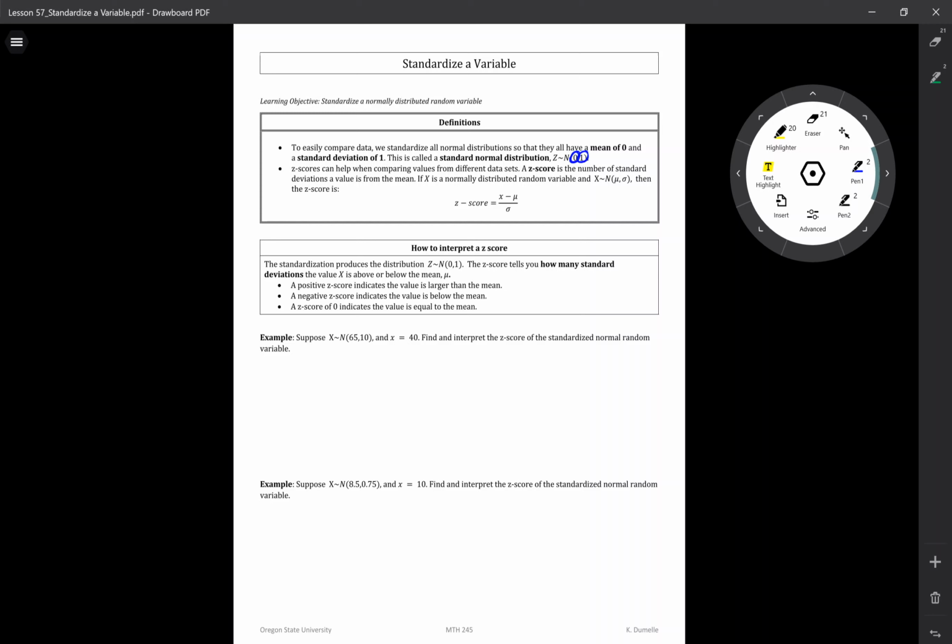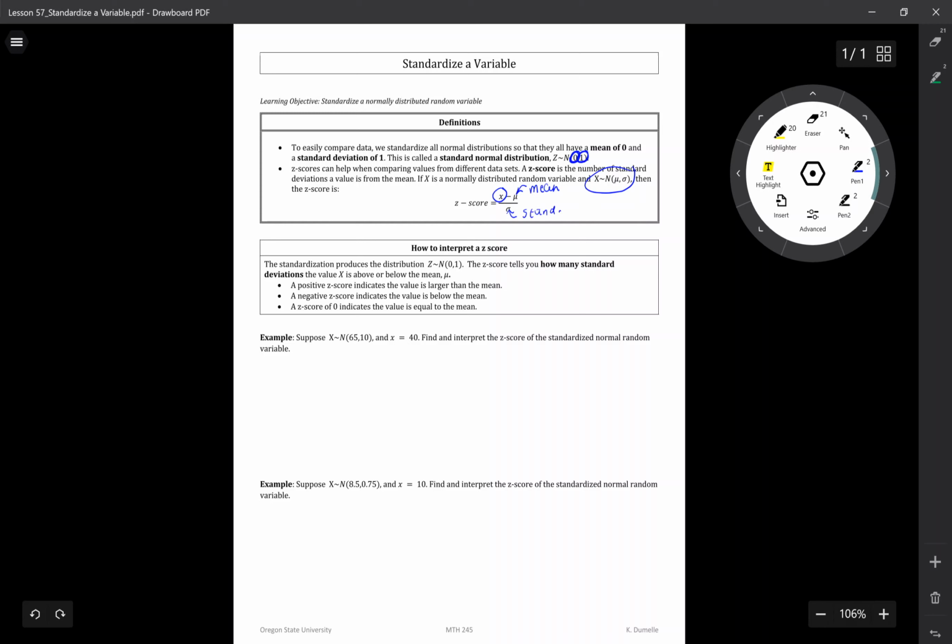Z-scores can help when comparing values from different data sets. A z-score is the number of standard deviations a value is from the mean. If x is a normally distributed random variable, x is equal to N of mu, sigma, then the z-score is x, that is our variable, minus mu, which is our mean, divided by sigma, which is our standard deviation.